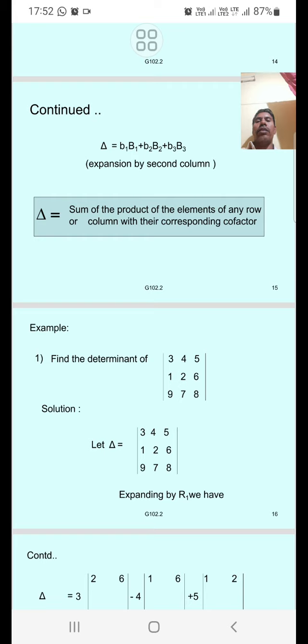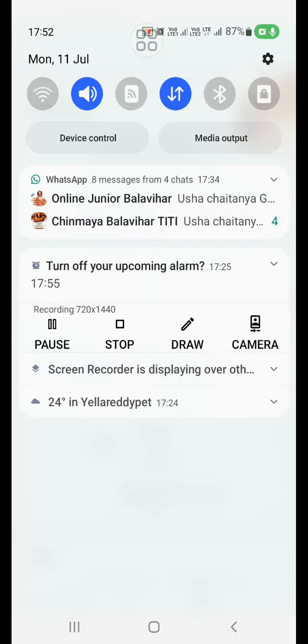So if you have any doubt in the sign, you have to take minus 1 whole power i plus j format. i is the number of row and j is the number of column.